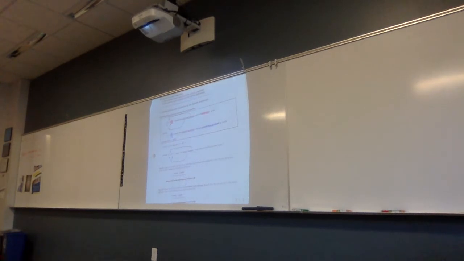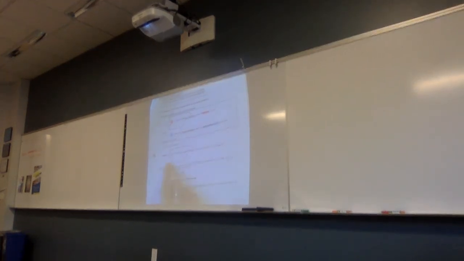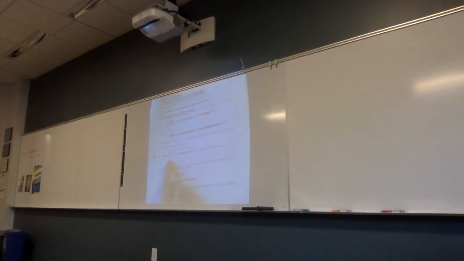So let's look at this example. Graphically, I'm looking at the distance between x and 2. So I'm looking for all x's that are less than 3 units away from 2.